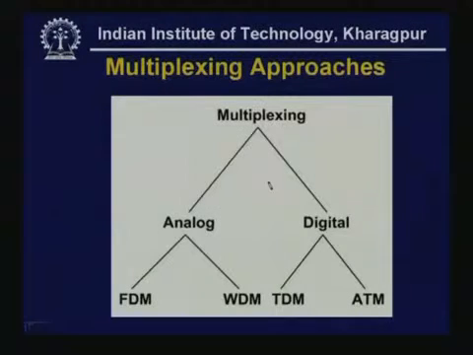Then coming to the digital one, time division multiplexing. We have discussed FDM and WDM, which use analog signaling as we have seen, and now we shall consider time division multiplexing, of two types, synchronous and asynchronous, which use digital signaling.